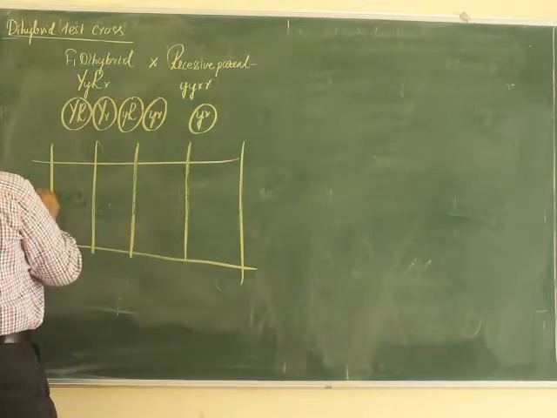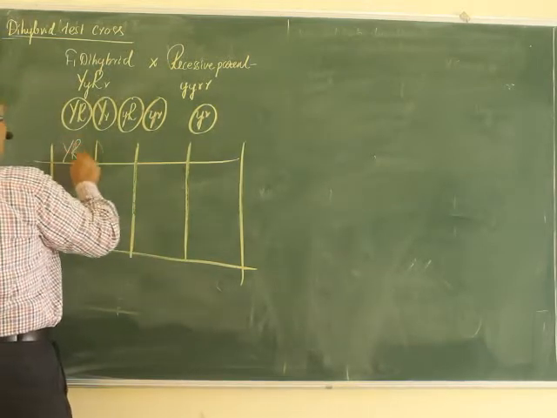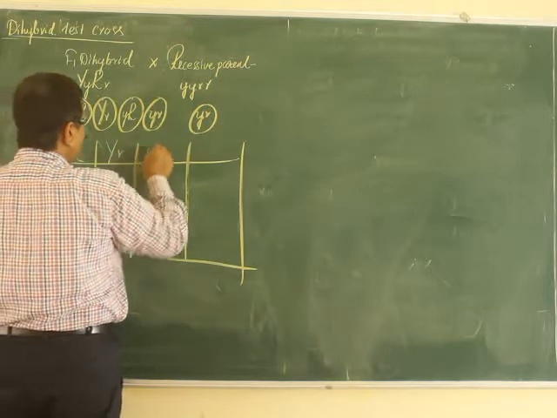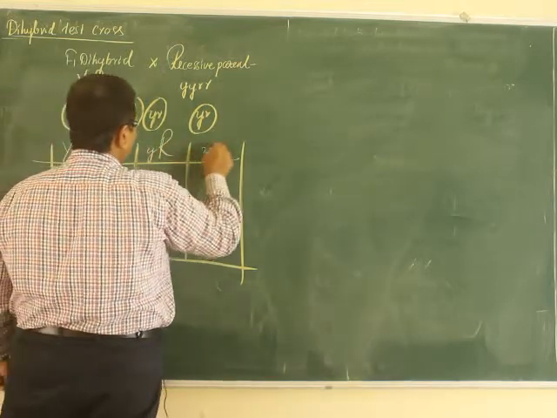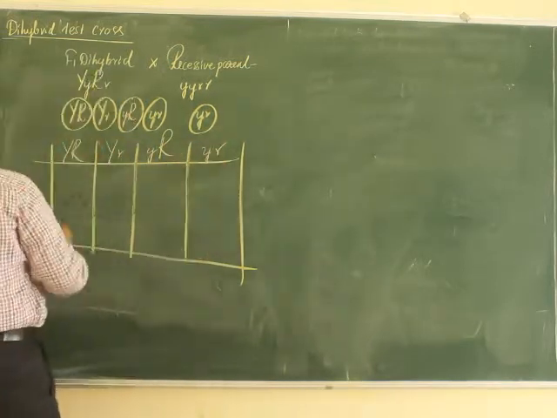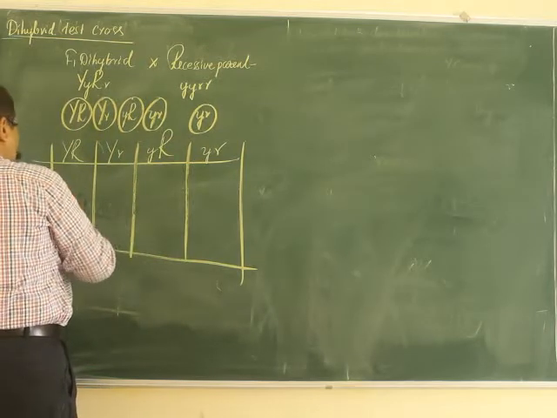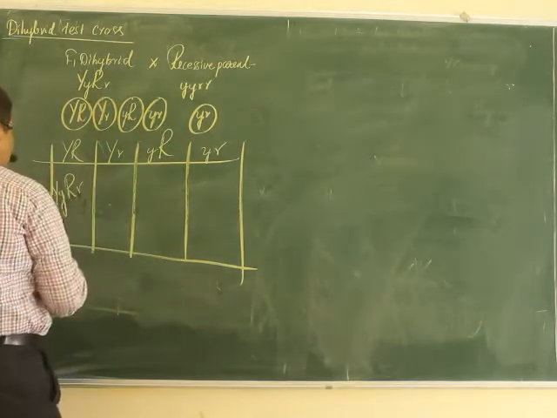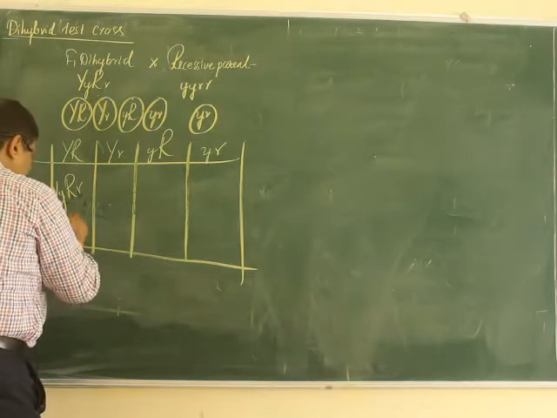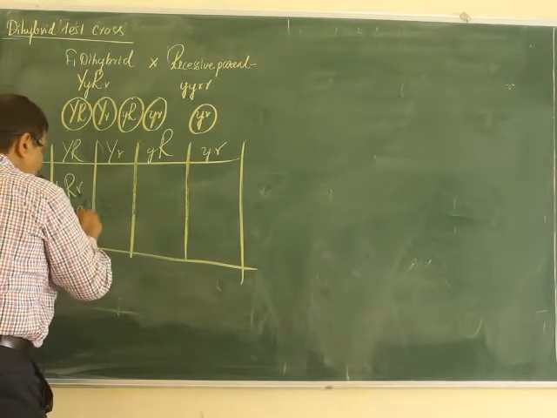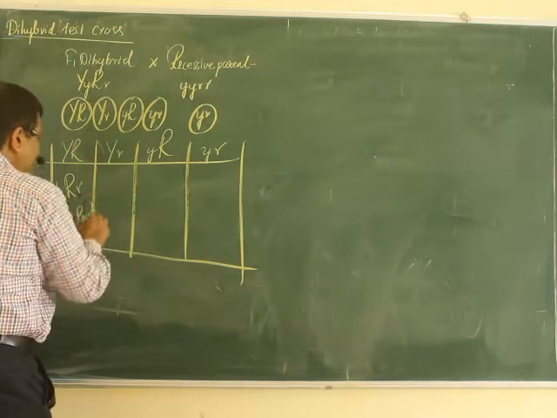Small y, small r. Capital Y, capital R, capital Y, small r, small y, capital R, small y, small r. So here, capital Y, capital R, small r, yellow round, you should also write down this.